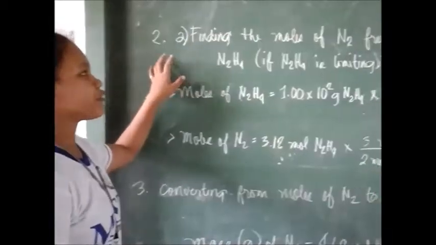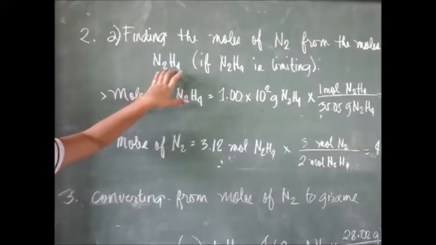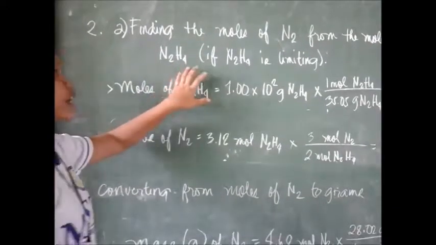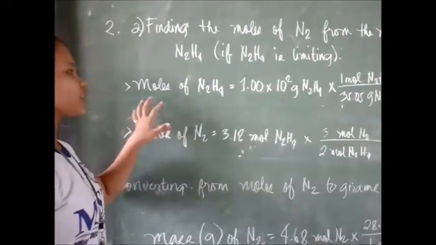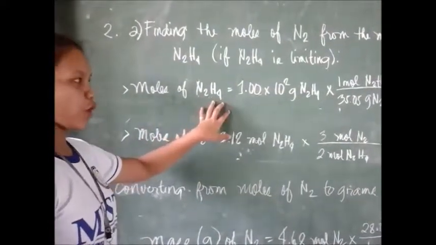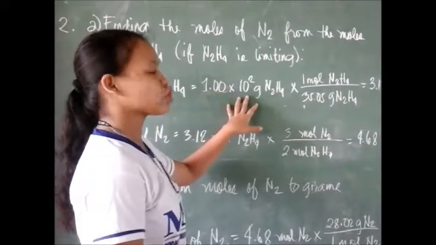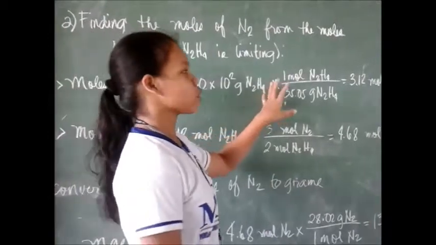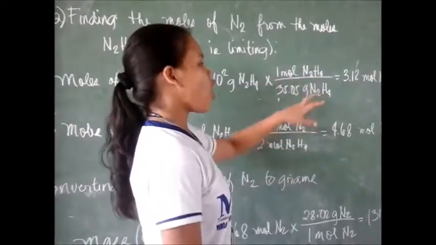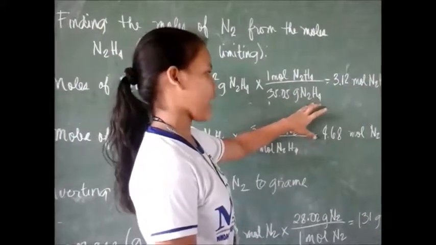Second step will be finding the moles of N2 from the moles of N2H4 or hydrazine if hydrazine is limiting. First, we need to get the moles of N2H4 or the hydrazine. It is equal to 1 times 10 to the power of 2 grams of N2H4 times 1 mole of hydrazine over 35.05 grams of hydrazine.